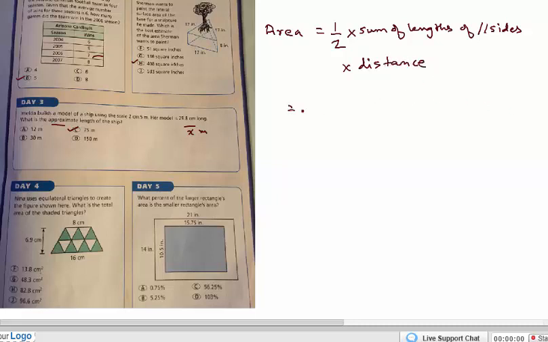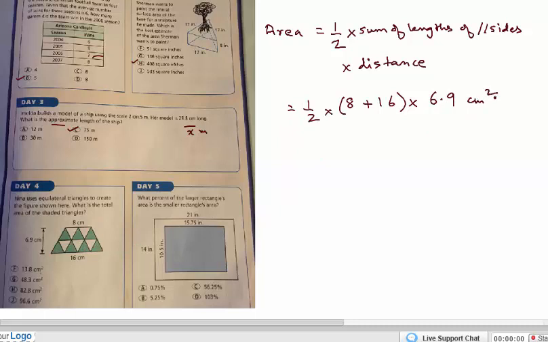So in this case, this is going to be 1/2 times the sum of the lengths of the parallel sides. So 8 centimeters and 16 centimeters. So we have 8 plus 16, that's the sum, times the distance between them, which is 6.9 centimeters. And of course the area is going to come in square centimeters.